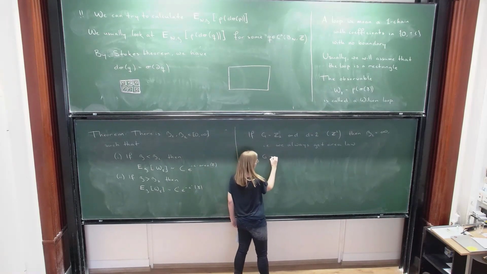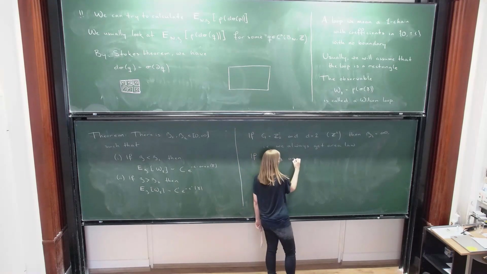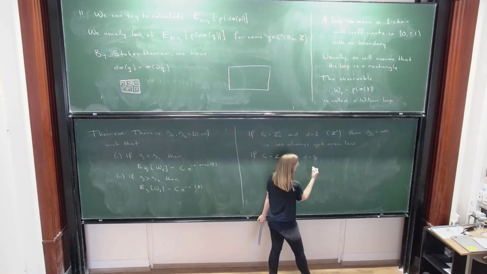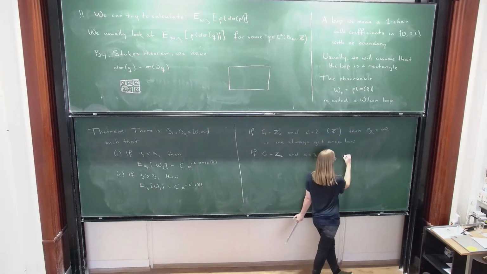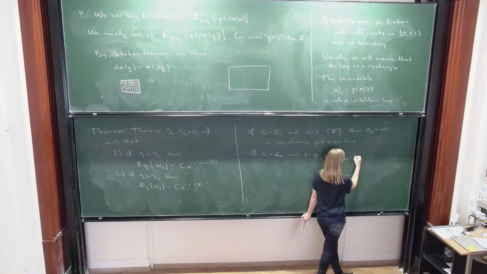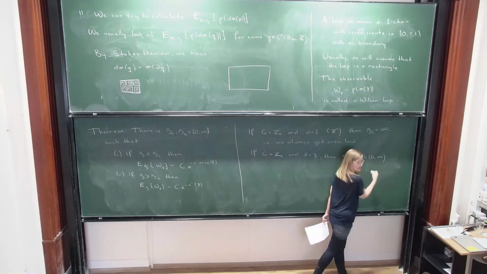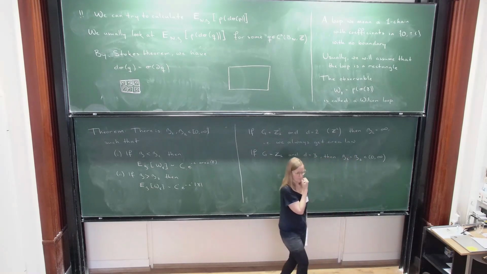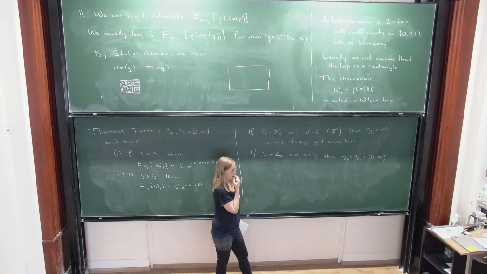If the group is still Z2, and D is 3, so that we're in dimension 3, then beta 1 is equal to beta 2, and they are actually some kind of interesting number that is known. And that's kind of a recent result. I think it's from a few years ago, like 2-3 years ago. Also by Duncan and Schweinhardt using a random current representation.